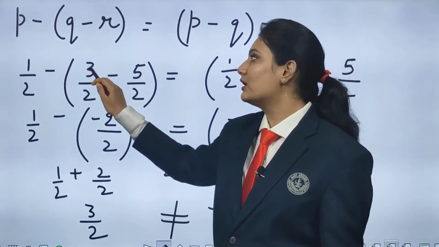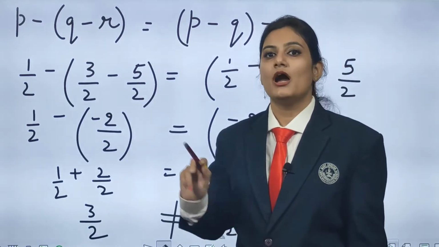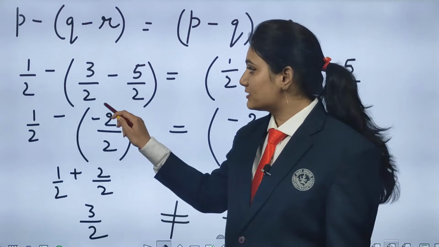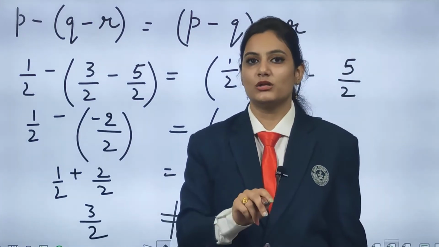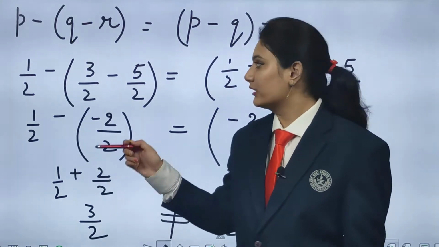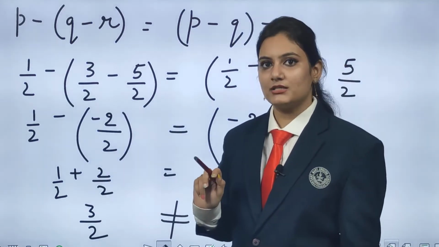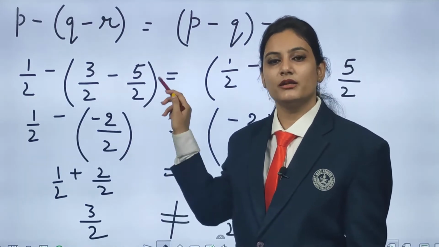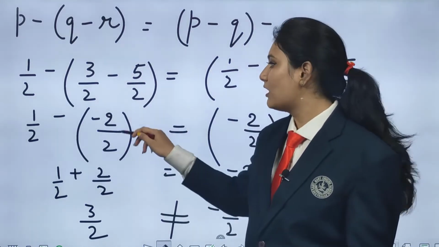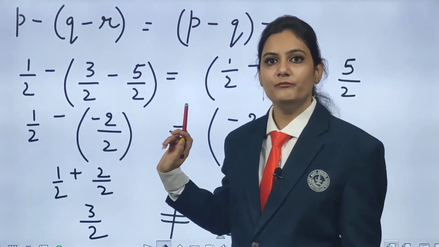Here see plus minus minus and sign of the greater. First check whether denominator is same or not. So, yes, the denominator is equal. So, directly solve the numerator. 3 minus 5, answer will be minus 2. Why minus 2? Because the greater number is negative. So, answer will be in negative. Minus 2 divided by 2.